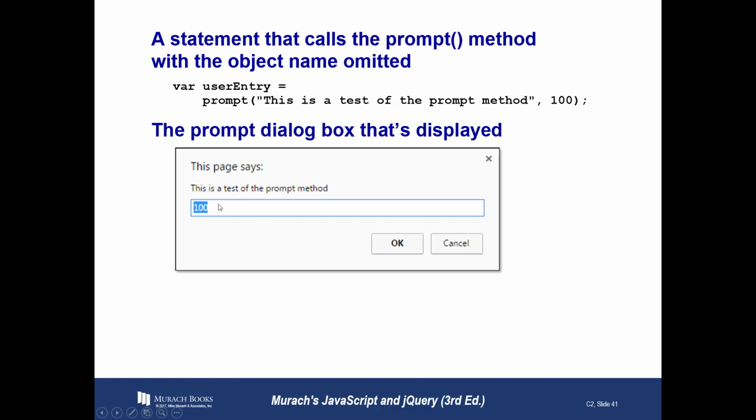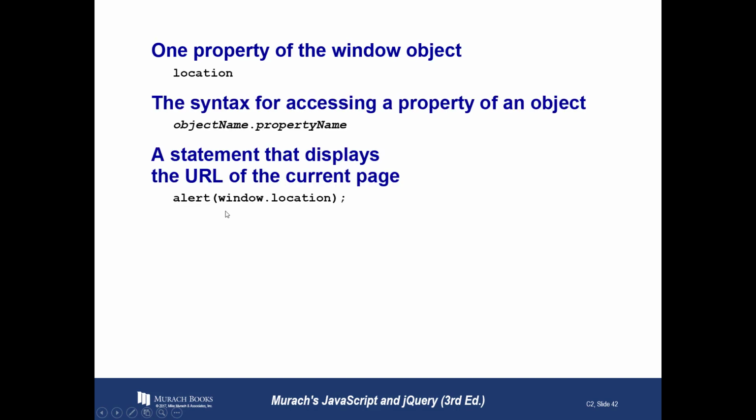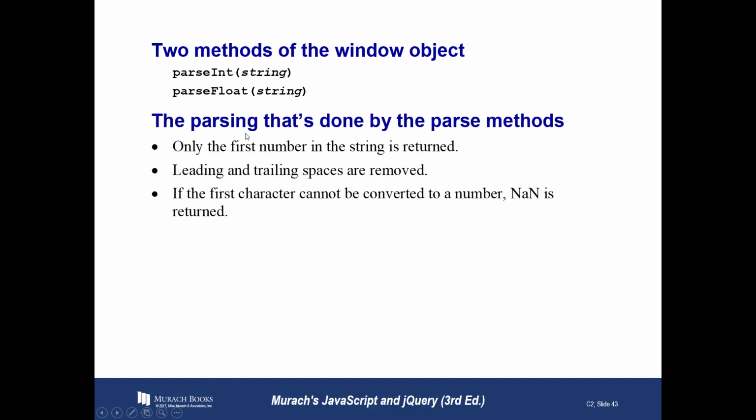So it is the string double quote 100 double quote, or single quote 100 single quote. If you want to convert that into a number, there's parseInt to convert it into a whole number, parseFloat to convert it into a floating point number. If you try doing something like that and it doesn't work, you get NaN returned. That's not a number.